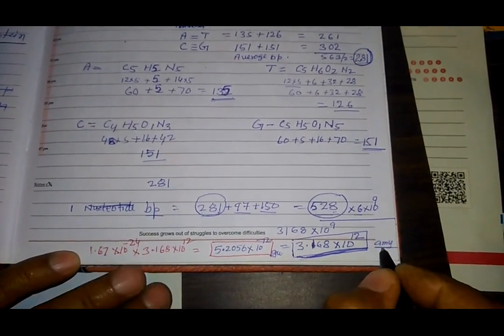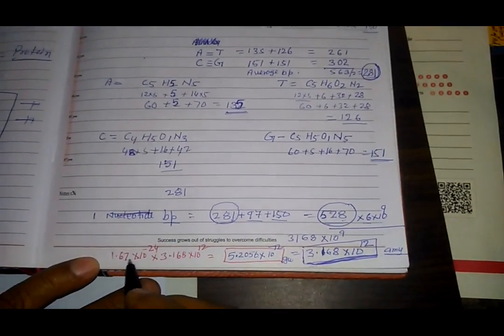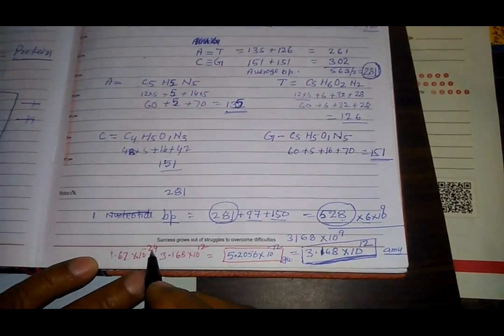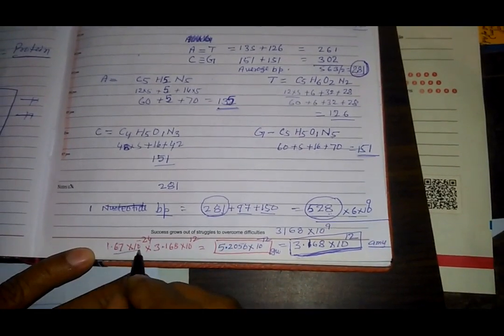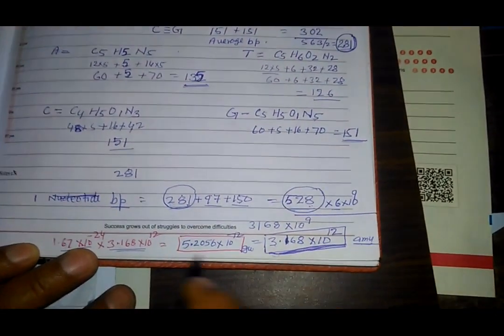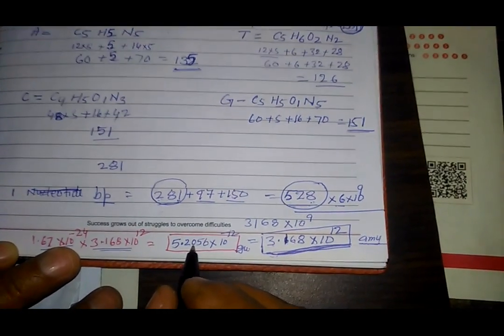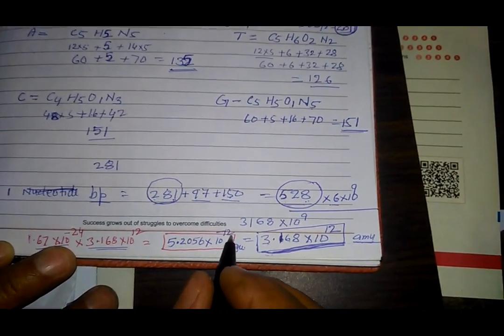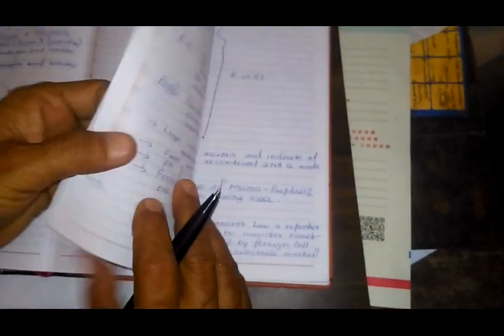This is multiplied by 1.67 into 10 to the power minus 24, you know that 1 amu is equal to such gram. So multiplied by this, we will get in grams: 5.2056 into 10 to the power minus 12 grams. In this way you can calculate. This is a very lengthy question, but as the question is there, you have to find out the answer.